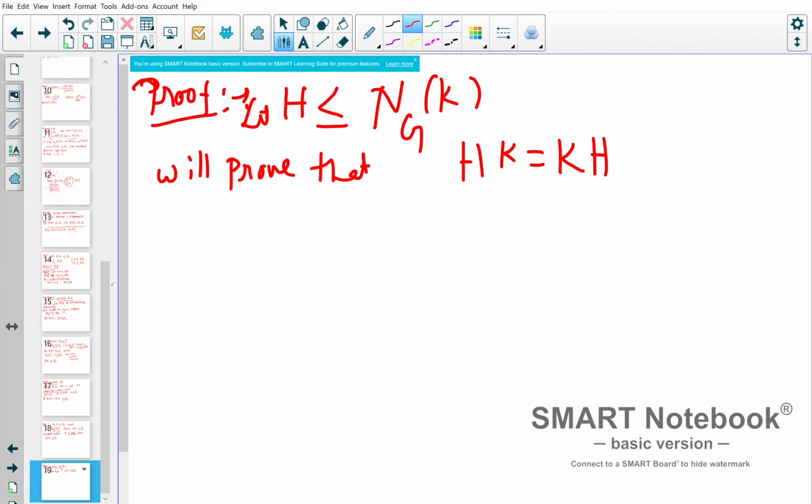Let you choose an arbitrary element h belonging to H, and k belonging to K. Now you remember that H is a subgroup of the normalizer of K in G. What does that mean? That means elements of H normalize K.